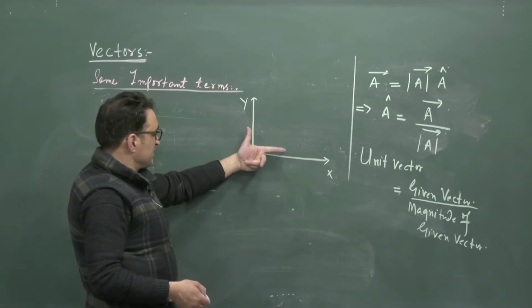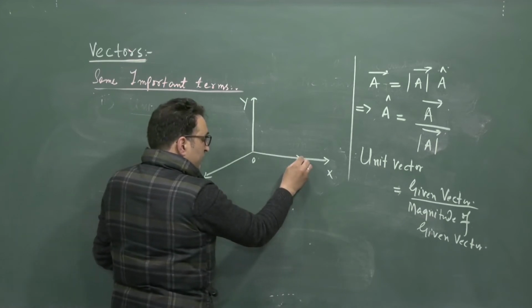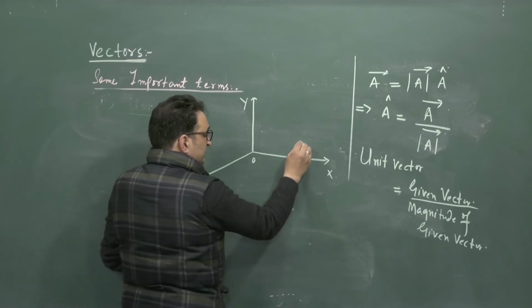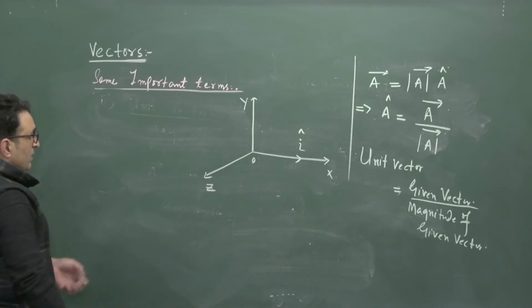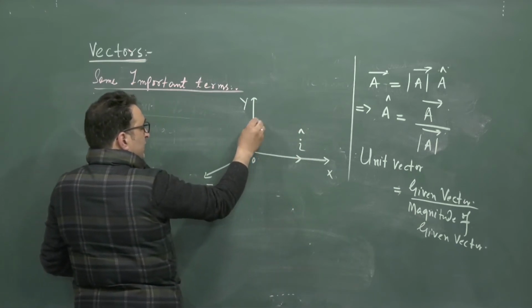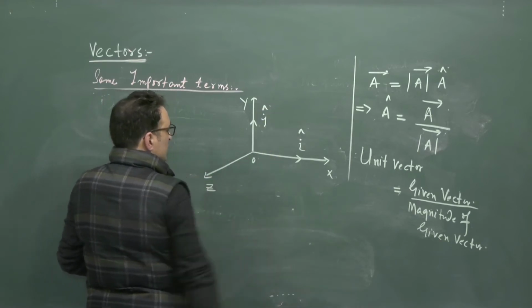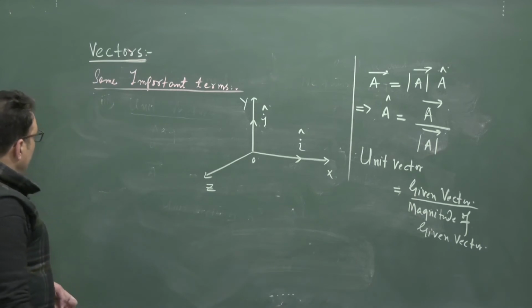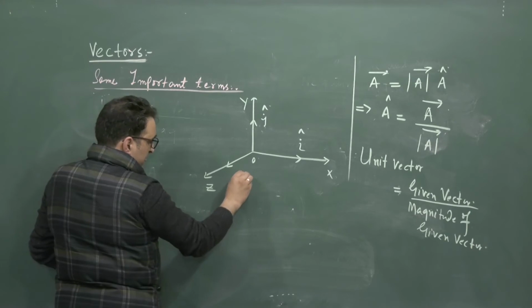Now see, the unit vector along x axis is i cap. The unit vector along y axis is j cap. And the unit vector along z axis is k cap.